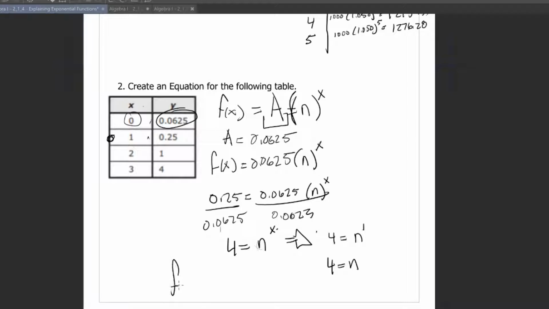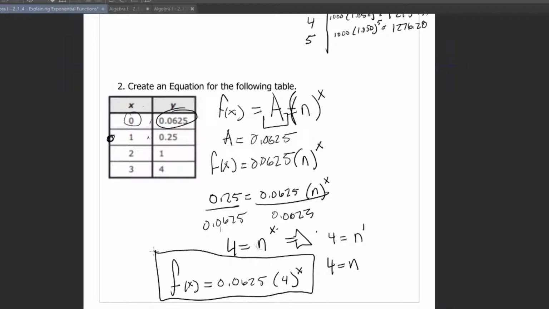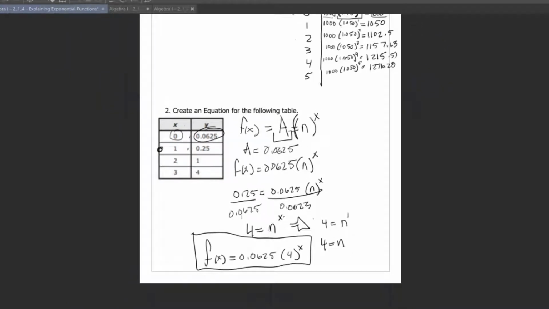So this equation, f of x equals 0.0625 times 4 to the x. And that is how you solve this problem.